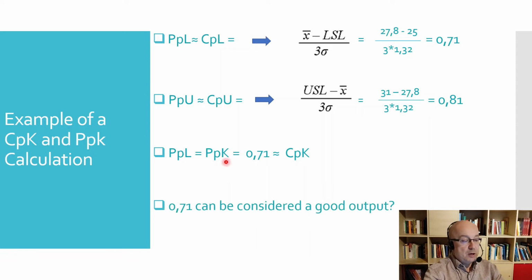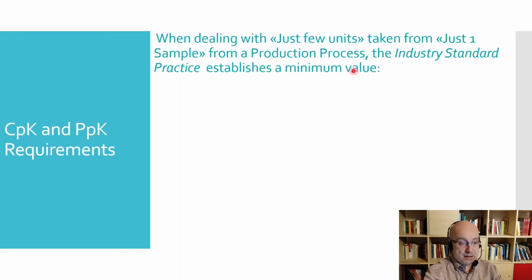But having obtained a Ppk value of 0.71, are we satisfied with this output? Can 0.71 be considered a good output? Well, when dealing with just few units taken from just one sample from a production process, these are the two conditions that apply, that I showed in the previous slide.